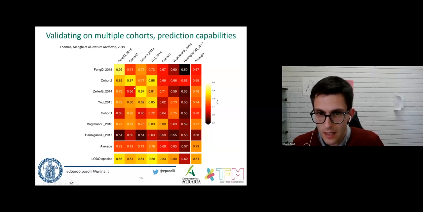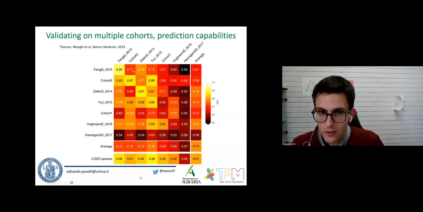Here we can see some variation of the accuracy that may be due to differences in the population in a specific data set, but in general, we have quite good accuracies. Off the diagonal, we have instead the cross study predictions. For example, let's consider this case.